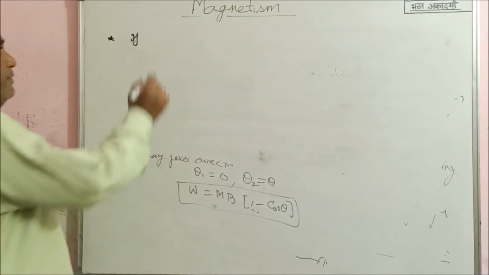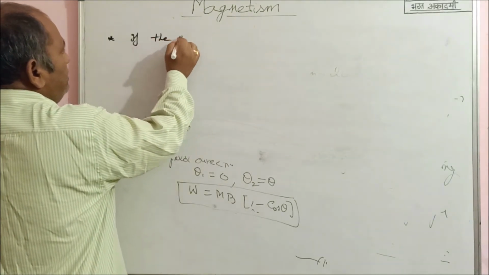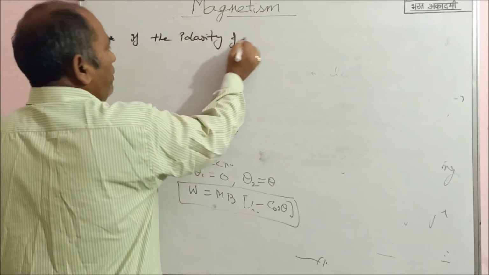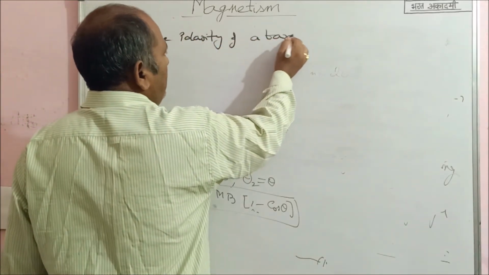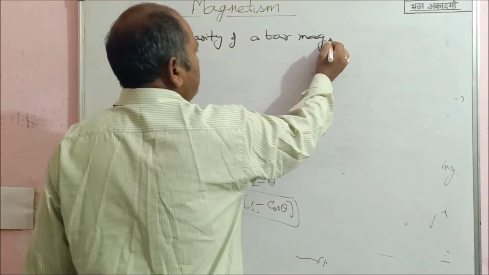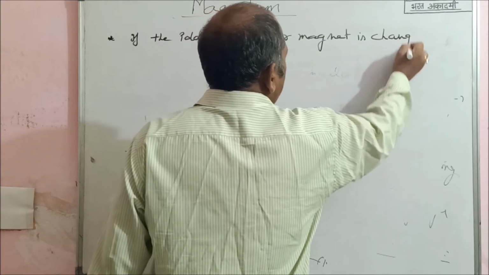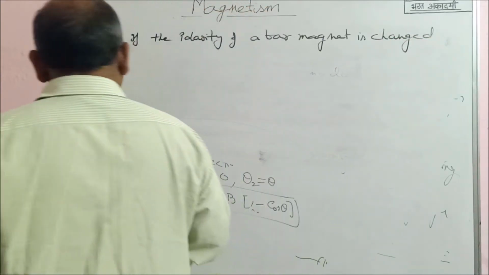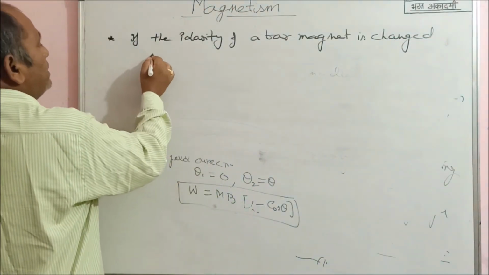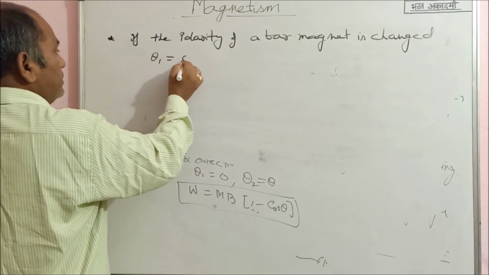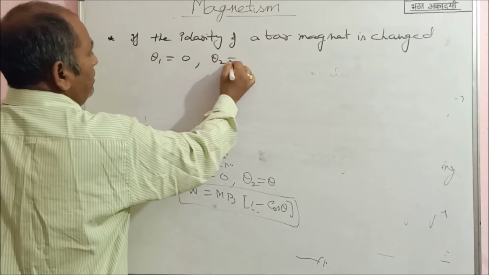Second special case: if the polarity of a bar magnet is changed, means north becomes south and south becomes north. In that case, let theta 1 be 0, and theta 2 will become 180 degrees.